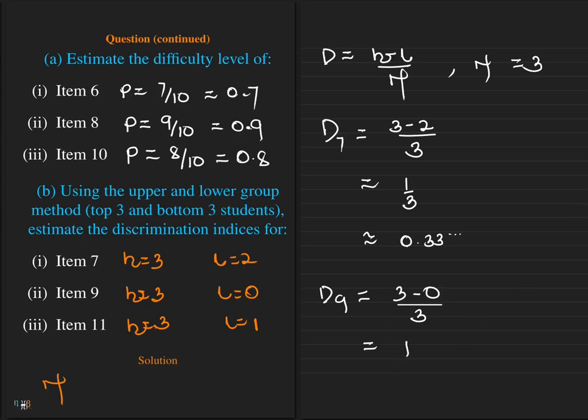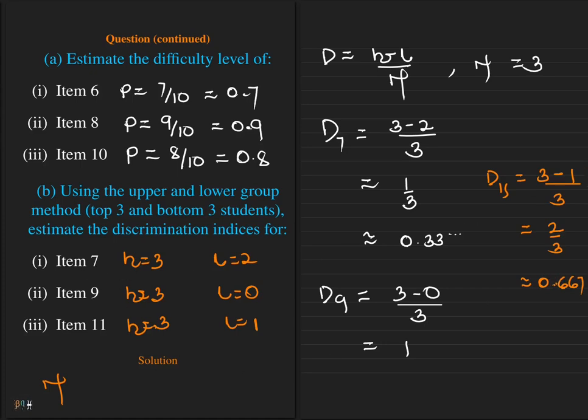Then we come to the last one, which is for item 11. So we have D of 11 being equal to H, 3 minus 1, all over 3. That gives us 2 over 3, which is approximately 0.66, let's say 0.67, since it also recurs.